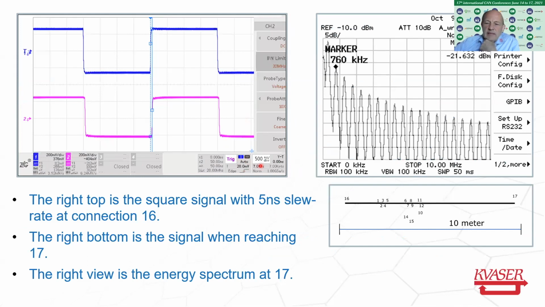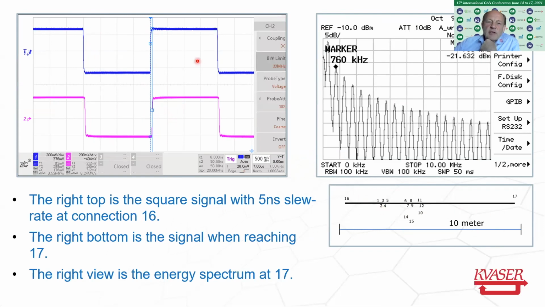So let's go and look into a real signal. What we have here is the input signal in one end in this simplest bus system, and we have a 5 nanosecond slew rate here. So the only problem we see here is, of course, the delay through the bus, the signal delay from one end to another.